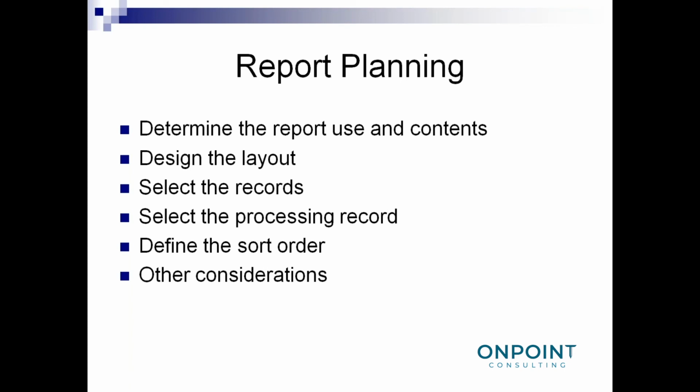So my required records are vendor and invoice. My driving record is going to be invoice. I don't want to see vendors that I haven't received an invoice from yet. My sort order, I'm going to sort this by vendor name, and then within each vendor name, I want it sorted by invoice number. For conditions, I only want subcontract vendors to print. The formula, we don't have a balance field inside the vendor or the invoice record.